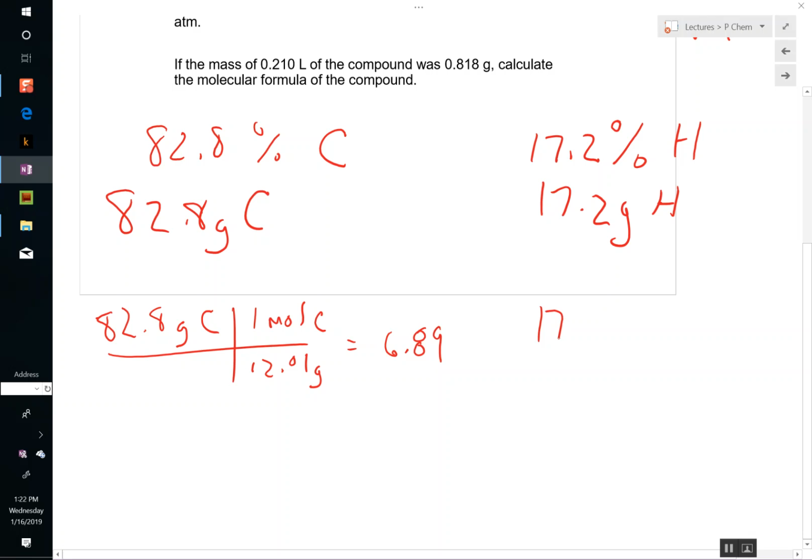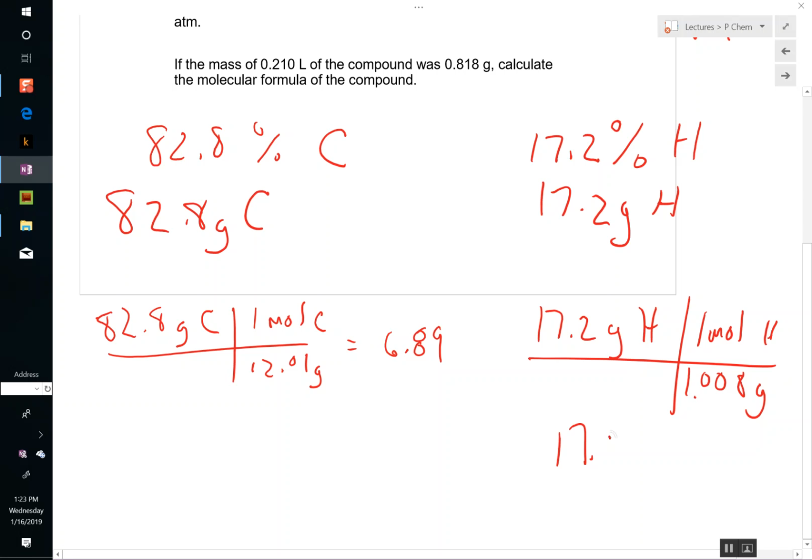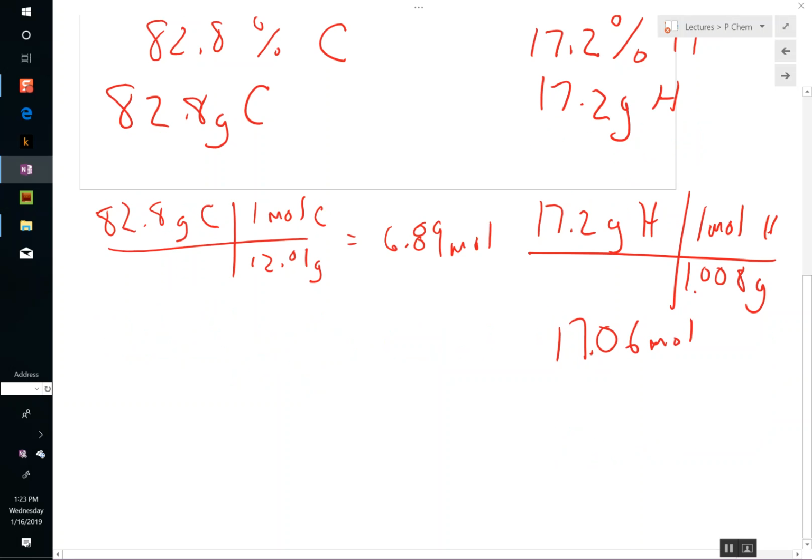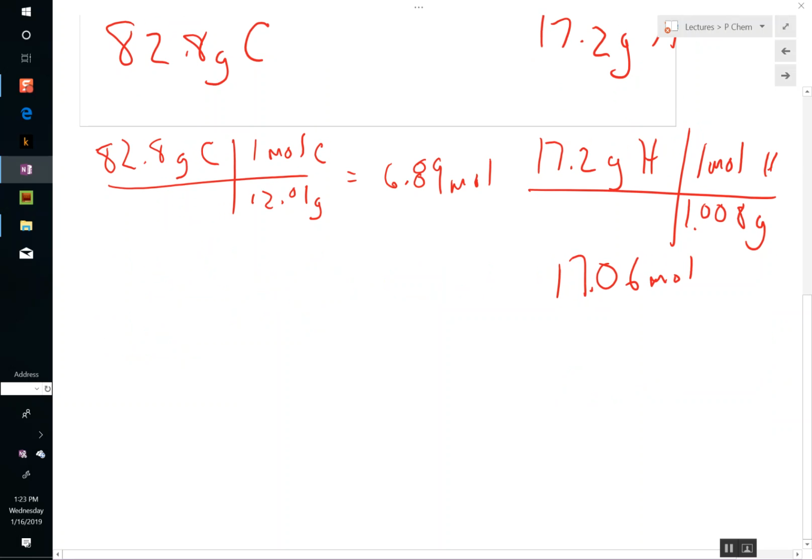And hydrogen? 17.06. Wow. Okay. Is everybody agreeing with that? Yeah. Okay, so we have this empirical formula.